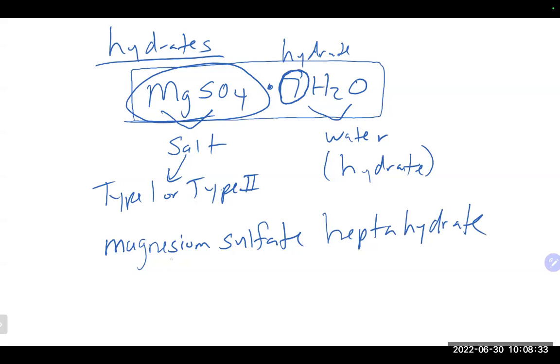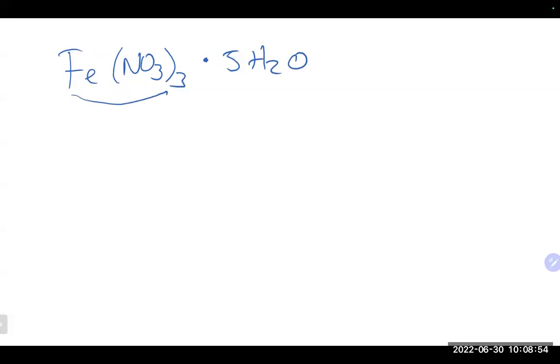Just like if we had something like another example, once again, in our salt part, we would really just name it like normal. So we have iron here.